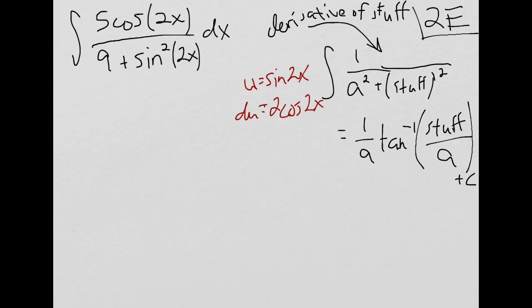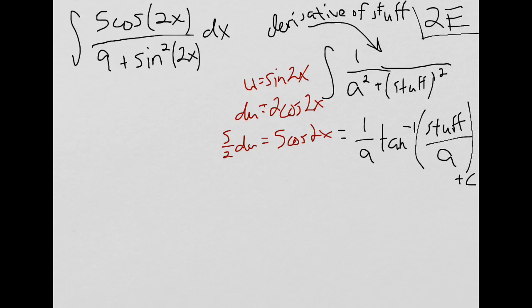Clearly, I've got a 5, not a 2. So I'm going to divide this by 2, multiply by 5, so I have 5 cosine 2x. So I get 5 over 2 du equals 5 cosine 2x.